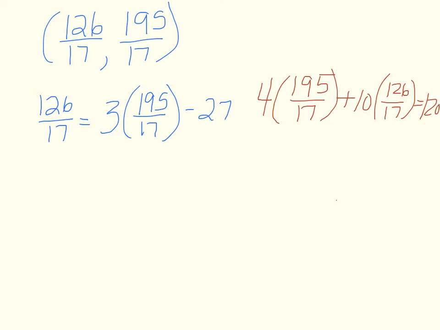All right, so let's do this one first. 126 over 17. The easiest way to get rid of these fractions is to multiply everything by 17.